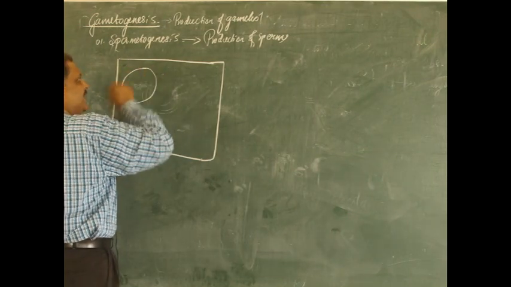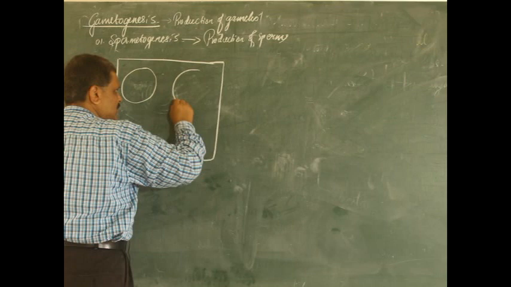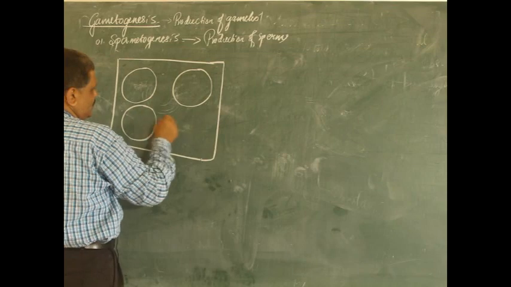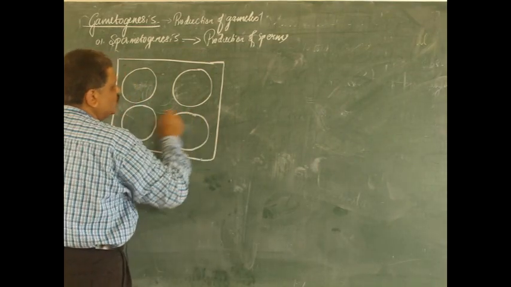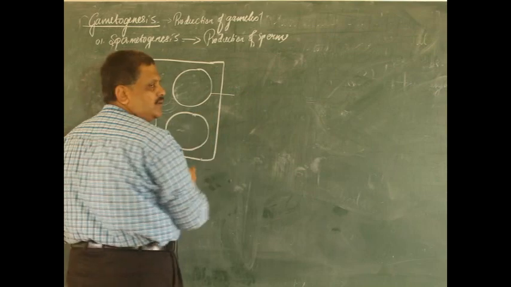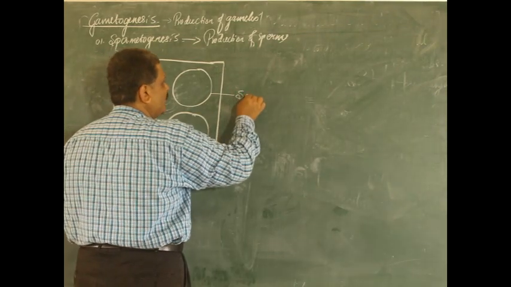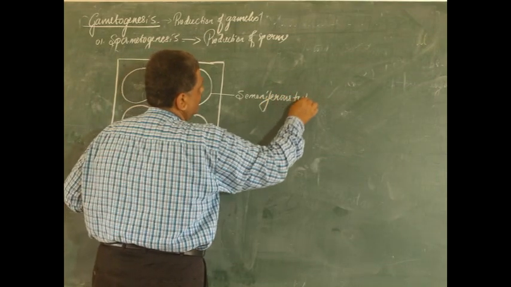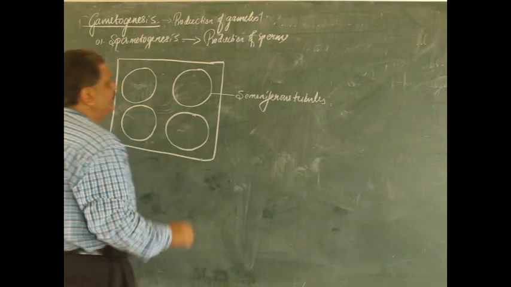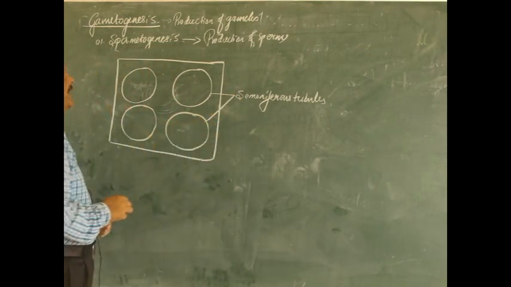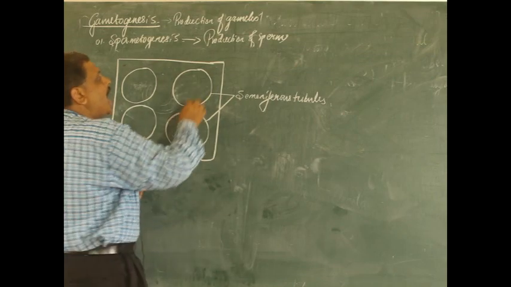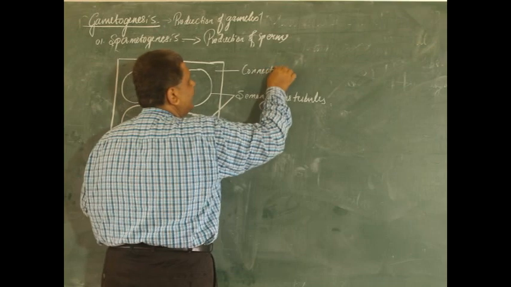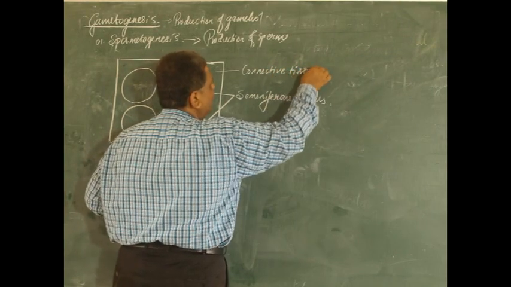Each testis consists of many structural and functional units. They are called seminiferous tubules. The structural and functional unit of testis is the seminiferous tubule. And seminiferous tubules are protected by connective tissue. They are well protected by connective tissue.